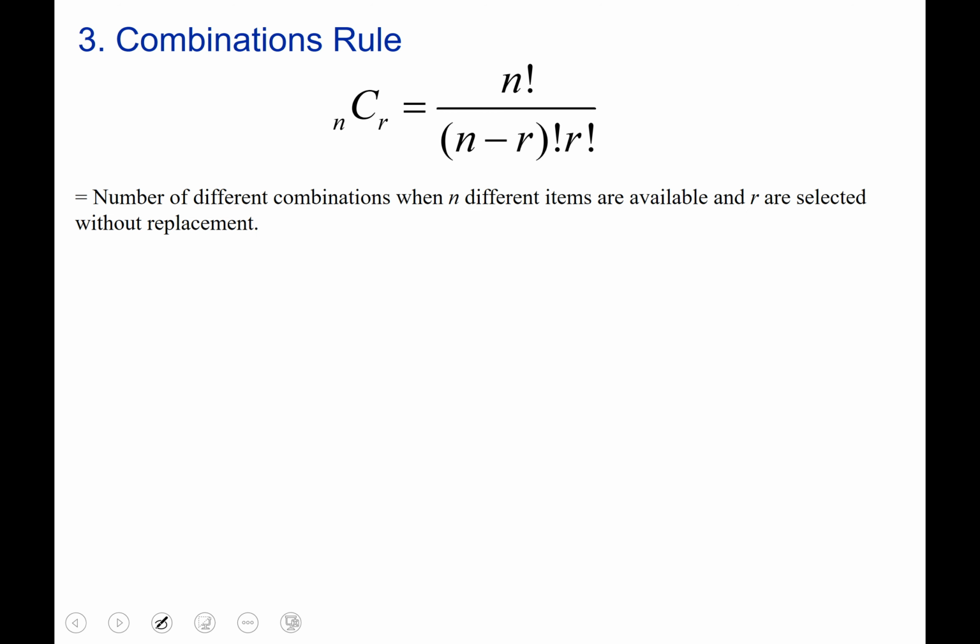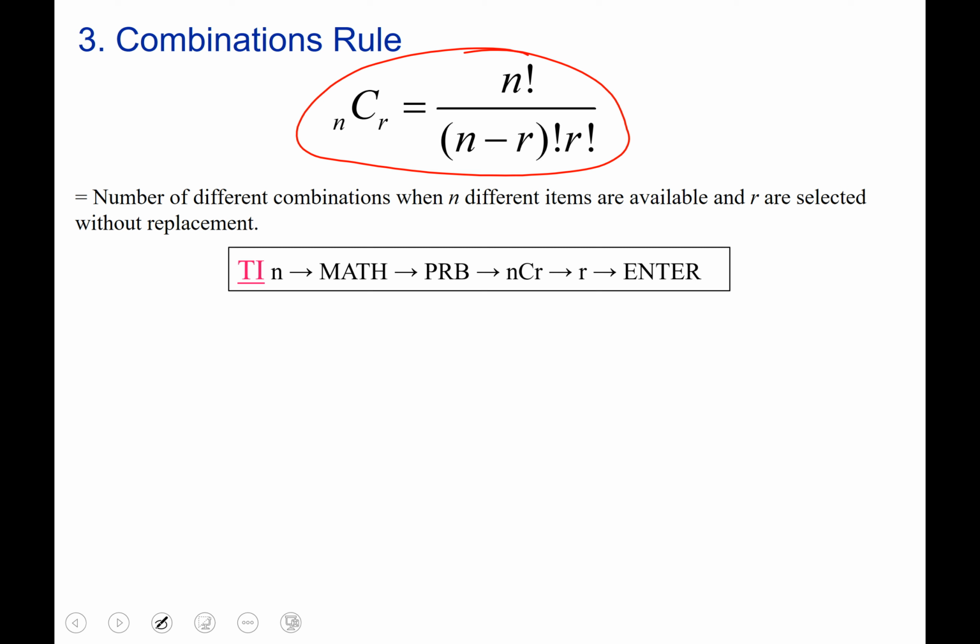Okay, the third rule is the combinations rule, and we've already started discussing it, so that's nice. You can calculate it by hand using that formula if you would like. You have the algebra skills to do so. The output will be the number of different combinations when n different items are available and r of them are selected without replacement. So very similar to permutations.